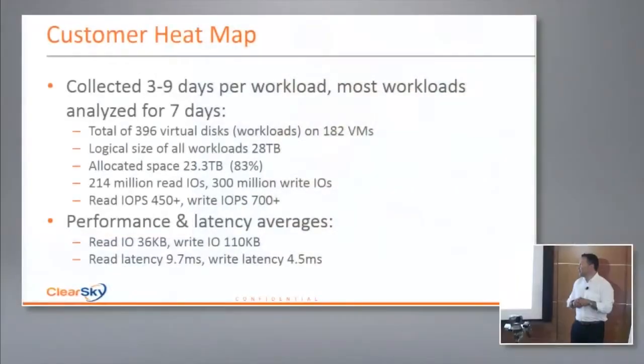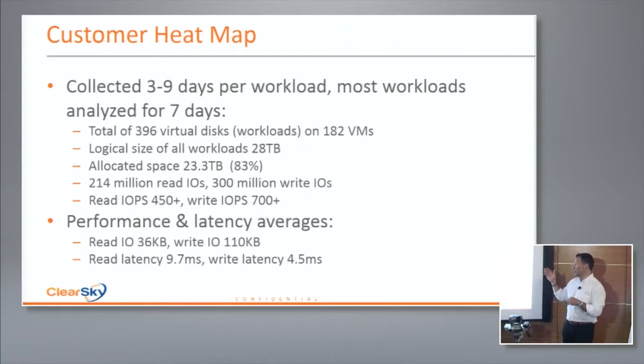So let me talk a little bit about our heat map tool. Everyone knows that workloads are tiered. As part of the research for building this product, we went to a number of customers and collected very, very detailed SCSI trace data from running VM workloads. And this is the functional basis of how we designed the system.